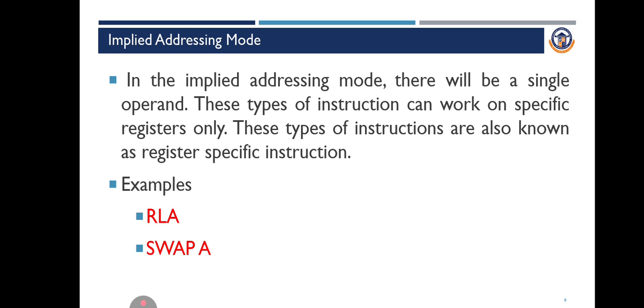The accumulator will have some content, which will be converted into binary. The binary has 8-bit capacity and will be rotated to the left, so it will be shifted to the left side. The position will be changed in the accumulator.